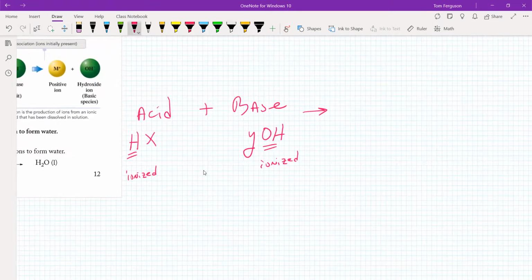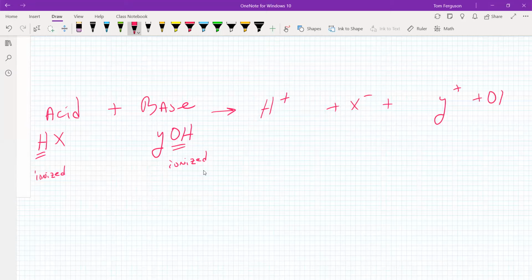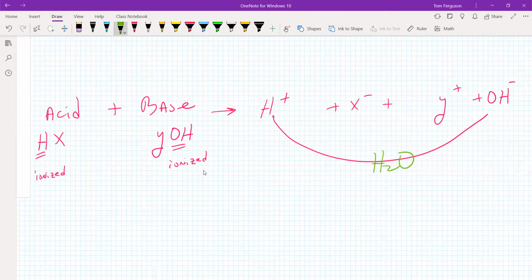When those come together, the ionized H+ and the ionized OH- form water.